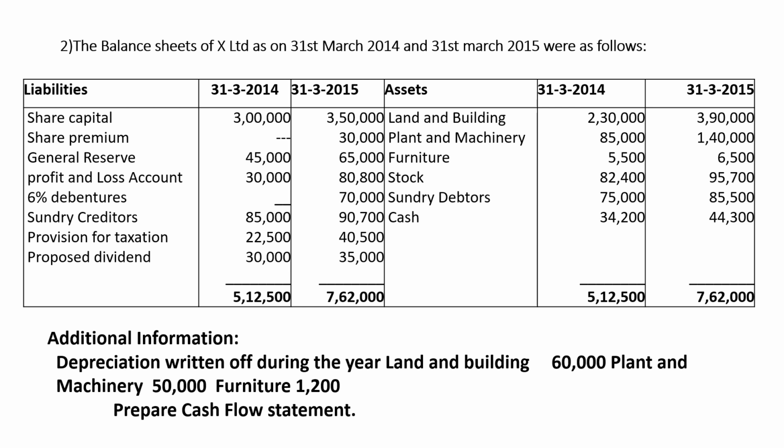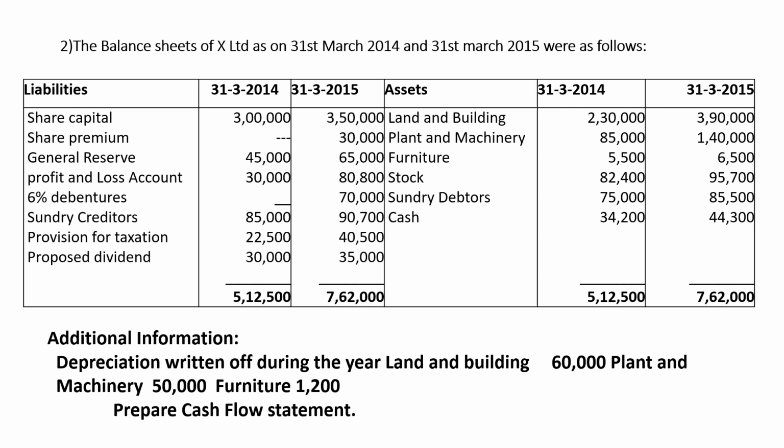Share capital 3 lakhs, 3,50,000. Share premium 30,000. General reserve 45,000, 65,000. Profit and loss account 30,000, 80,800. 6% debentures nil for the year 2014. For the year 2015, 70,000.